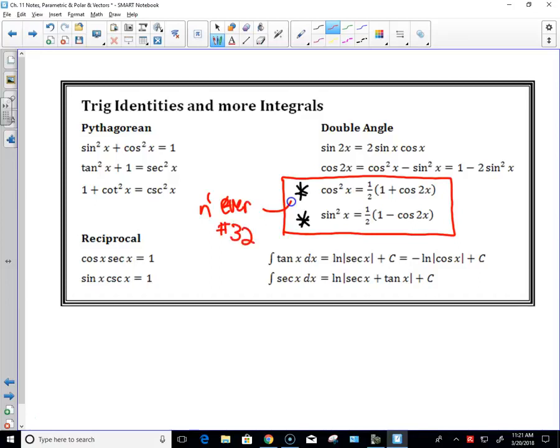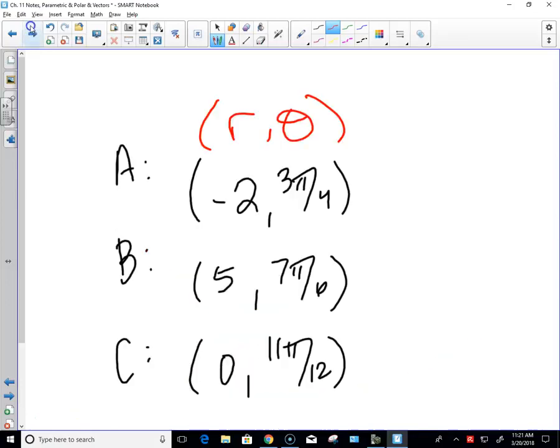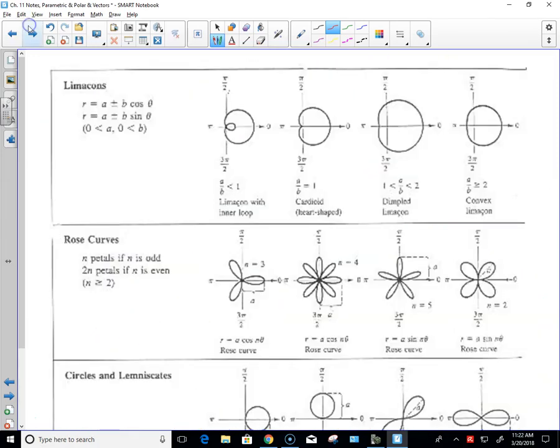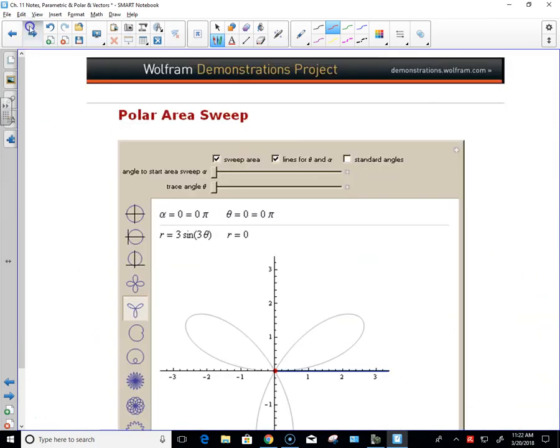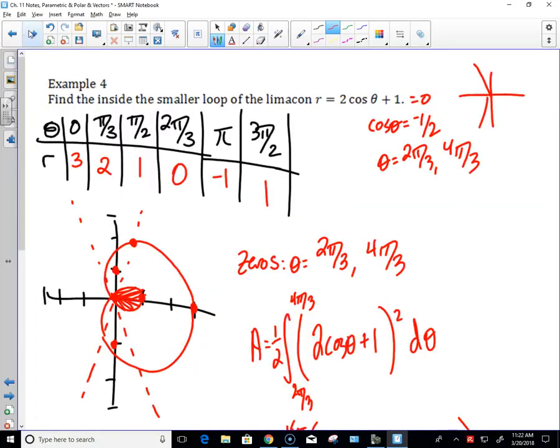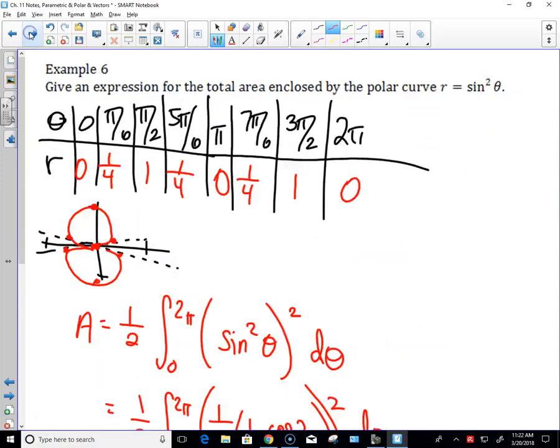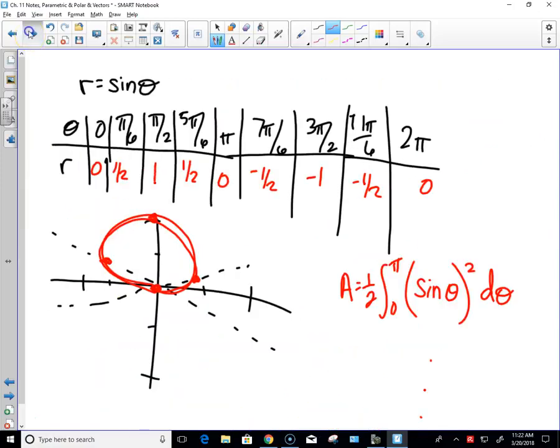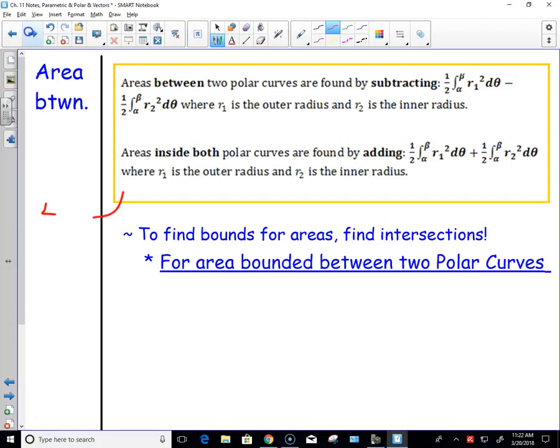Were you about to write 4 hours? Yeah. So this is 33, and then we have 34. The power reducing is 32. The area within a polar is 33, and then area between is going to be 34. I did it again.